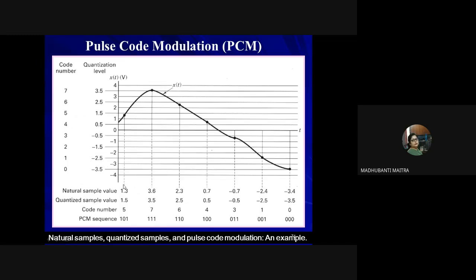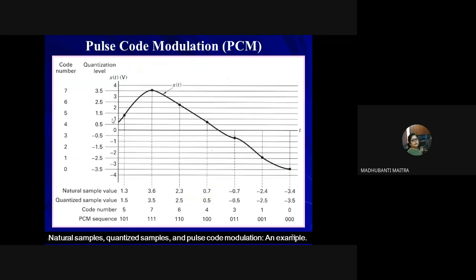Now you see, if we take a sample of this analog signal at this very instant, then we see that the natural sample value is 1.3. Since you have already studied analog to digital converters, we know that this natural sample value should be either truncated or rounded off with respect to this level or this level, right?